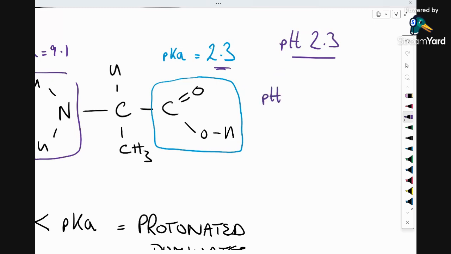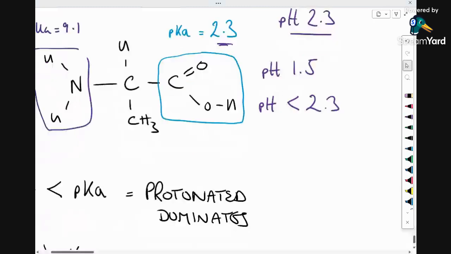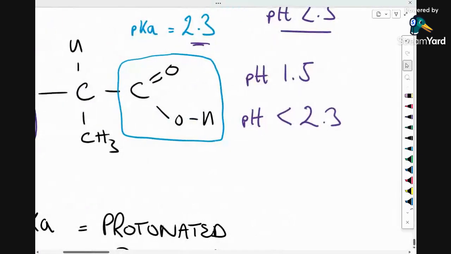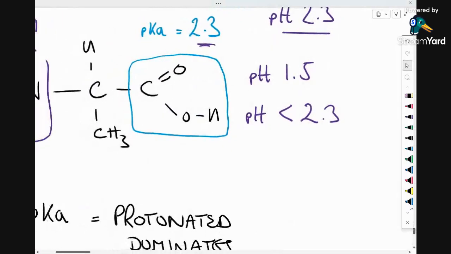If the pH is 1, and if the pH is less than the pKa, which we've said here, what that means is the protonated form dominates.